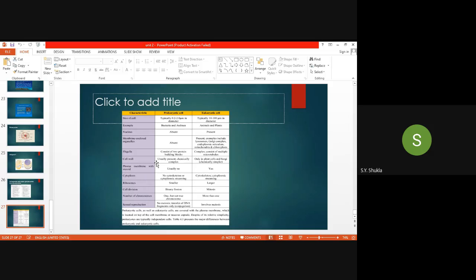So it is one chromosome, which is circular, and instead of histone proteins they have some other protein. There are no histone proteins present in the prokaryote, but another protein binds that chromosome to protect it from the external environment.